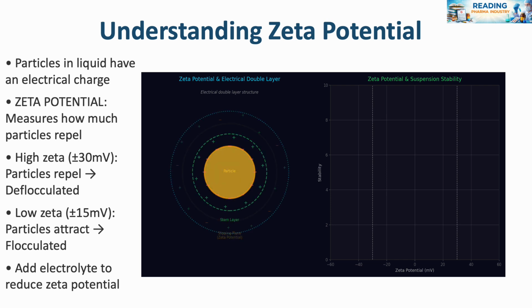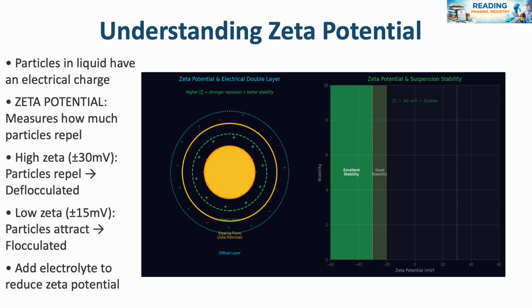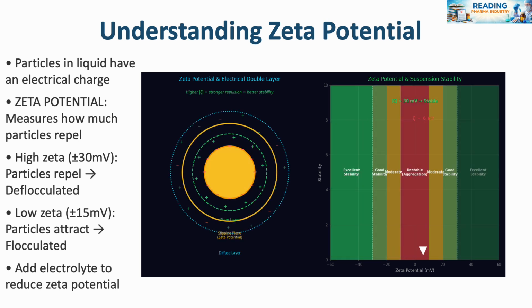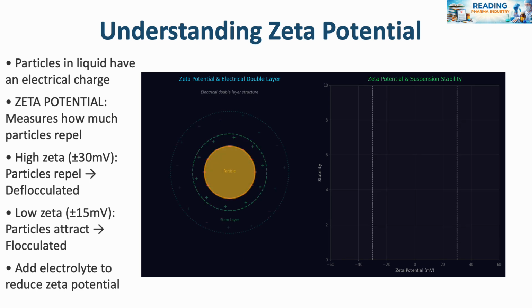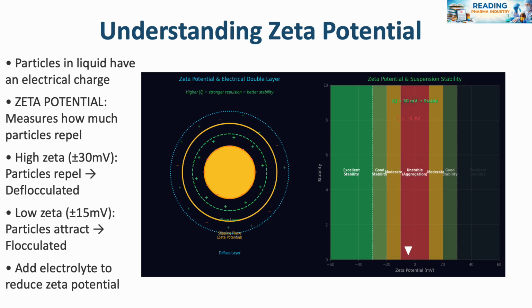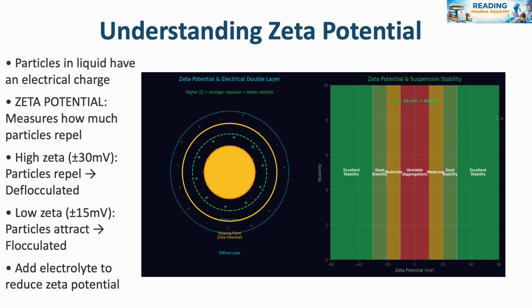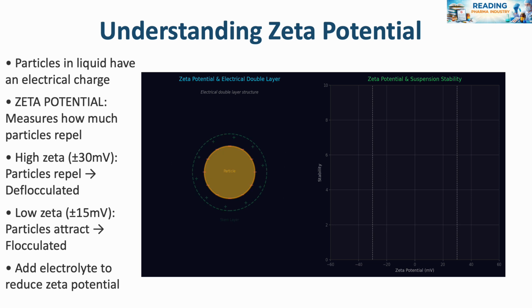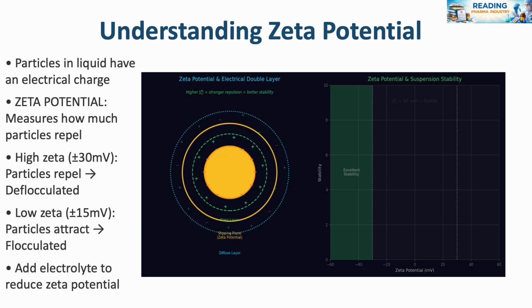A very important concept in understanding the stability and formation of suspensions is zeta potential. Particles, when suspended, will have an electrical charge, and the way we measure this electrical charge is called zeta potential.